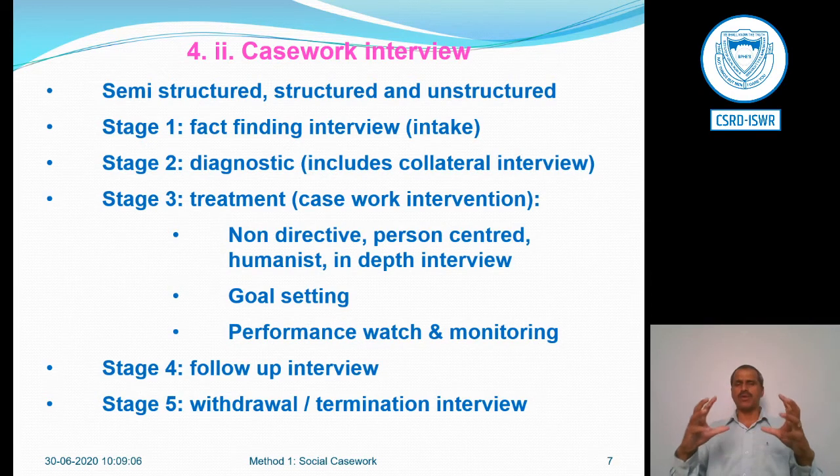And the whole problem the client faces is totally understood, analyzed, explained. And in this, at one stage, there comes to some agreement between the client and the caseworker regarding the goals. What can be achieved? What should be the progress?